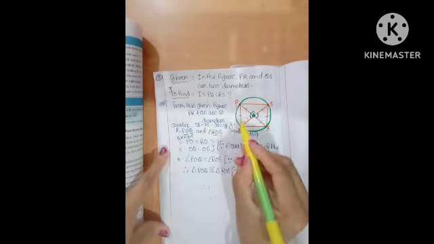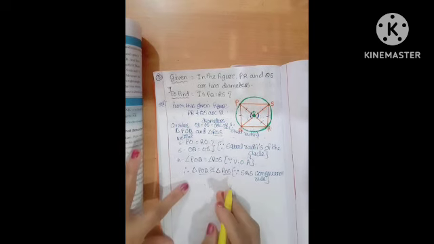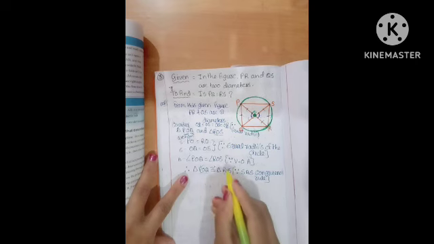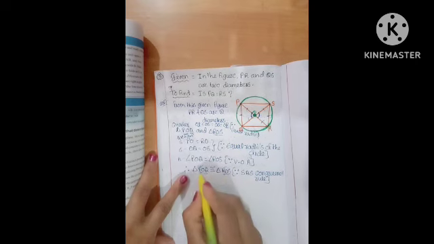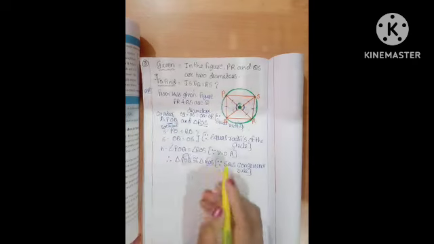Are you clear? Whenever two triangles are congruent, corresponding parts are equal by CPCT. Here PO equals RO, that's over. Next OQ equals OS, that is also over. The remaining side is PQ equal to RS.